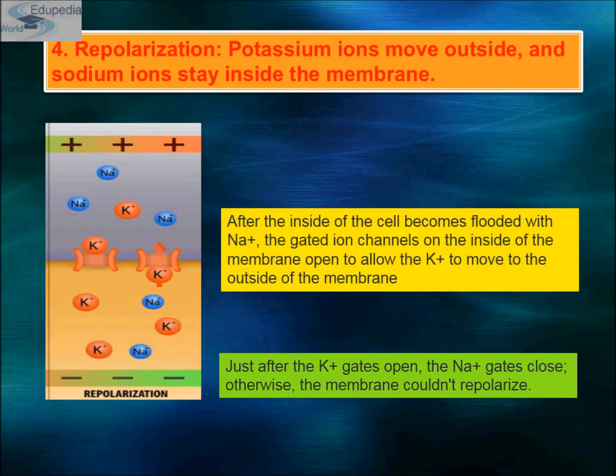Just after the K+ gates open, the Na+ gates close. Otherwise, the membrane could not be repolarized, because for repolarization to occur, K+ should go out and Na+ should remain inside the membrane.